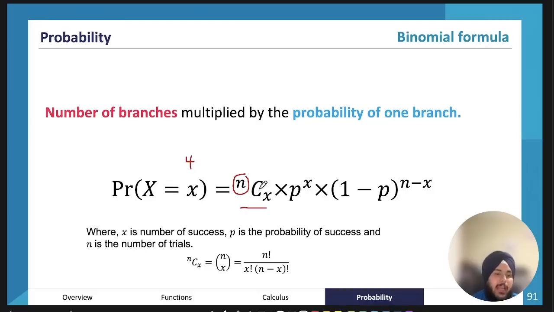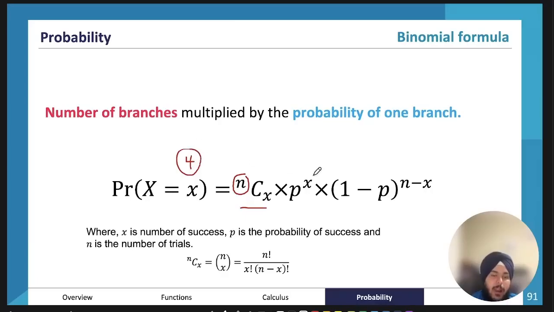So n choose X would be n, the total number, so 10 trials, choosing only 4 trials. And we multiply that with the probability of being successful, so the probability of success is 1 over 6, to the power of how many times we want to get that outcome, so 4 times.